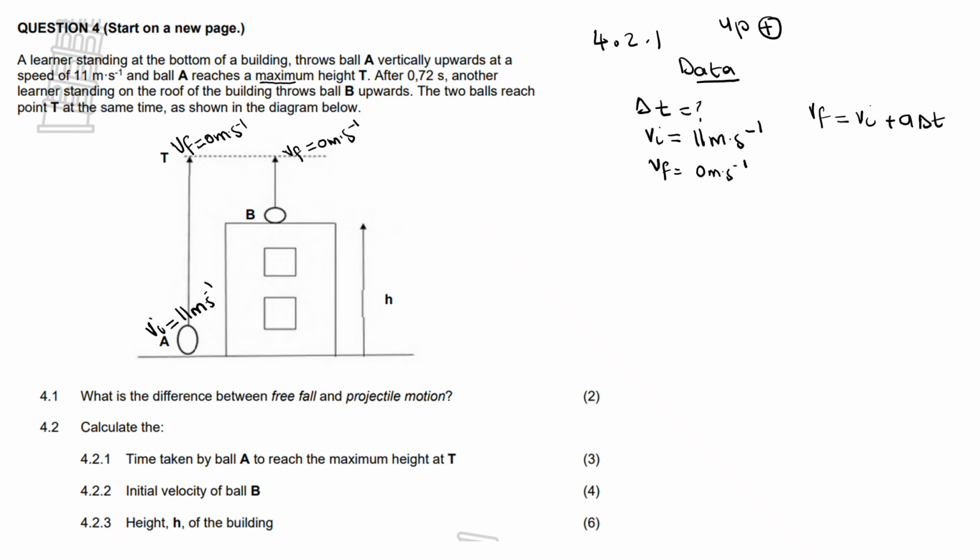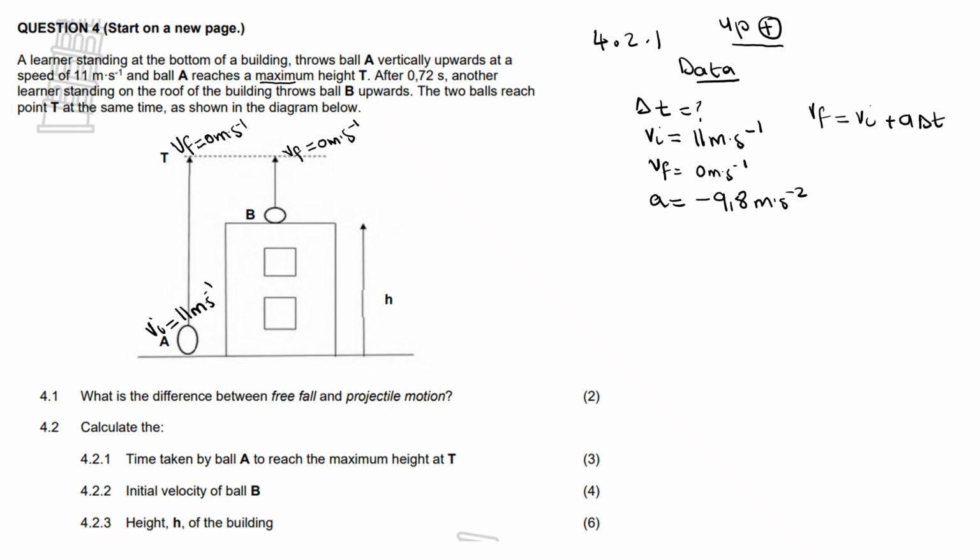We forgot to write A on our data, which is very important. Remember, A is the acceleration, which always acts downward. And we set up as positive. The acceleration always goes down, so it will be negative 9.8 meters per second squared.